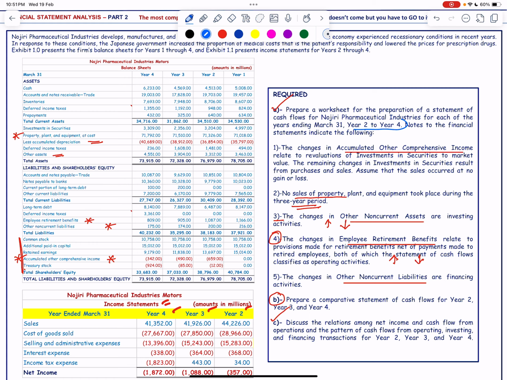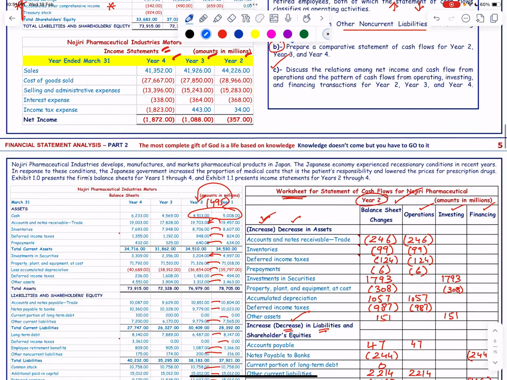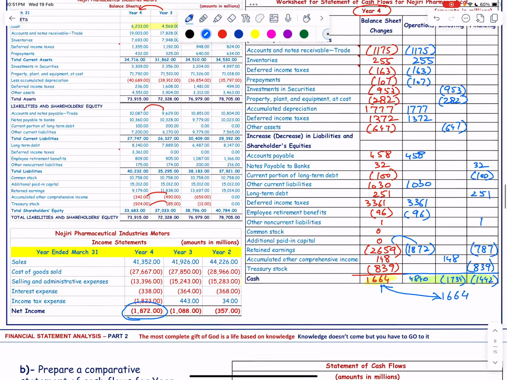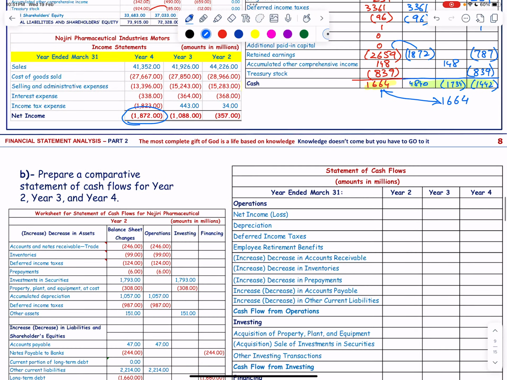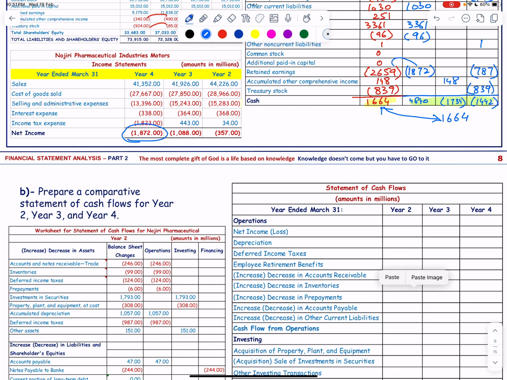And now we move on to part B, that is prepare a comparative statement of the cash flows for the year number 2, 3 and 4.